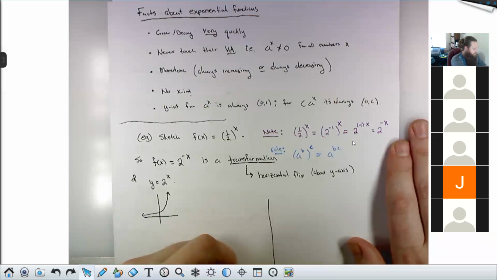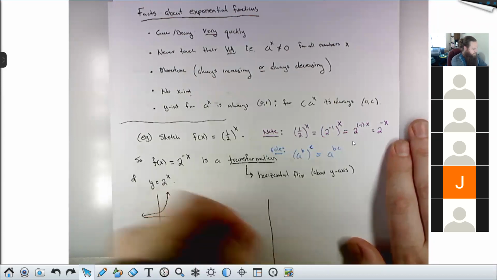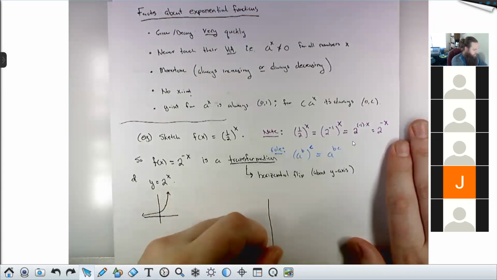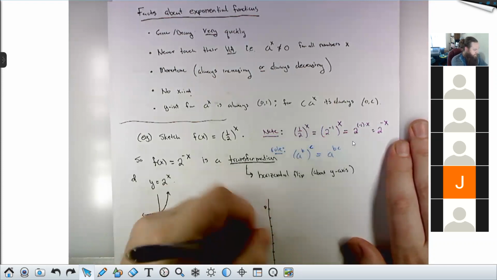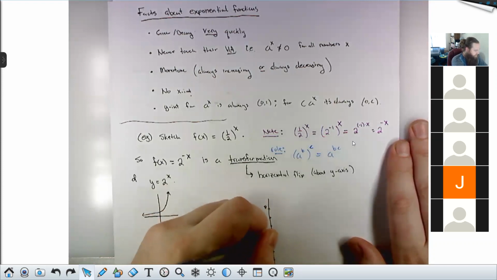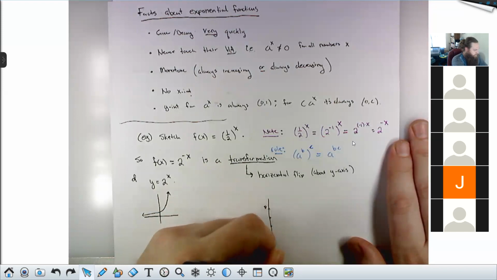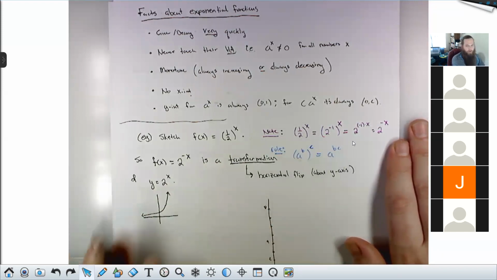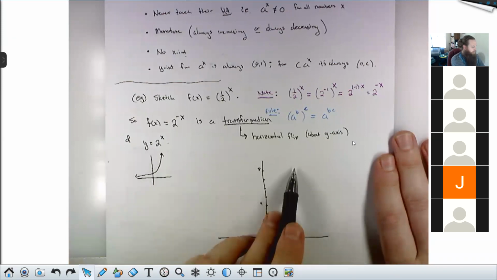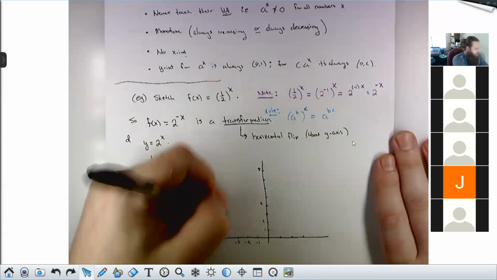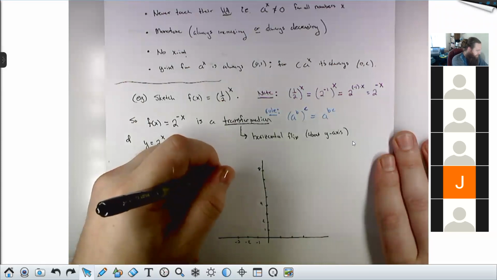I had eight, 4, 2, and 1. So on the old graph, on 2 to the x, we had the point positive 3, comma 8. So when we flip that point over, it's going to become negative 3, comma 8.